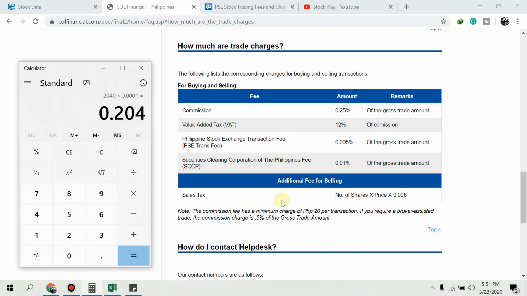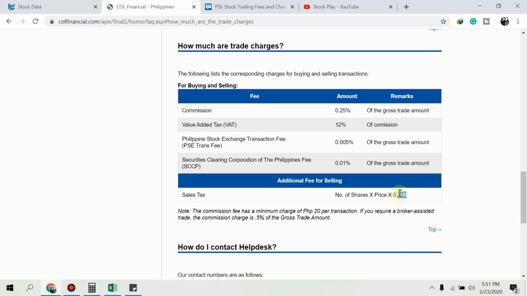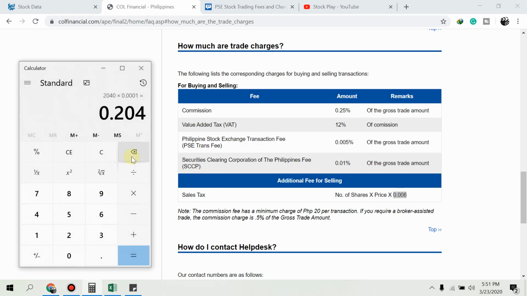Then, for sales tax, so, number of shares na bibilin natin multiplied by price per share multiplied by 0.006. So, ito guys, yung 0.006 na yan, nakadepende yan sa broker nyo. For COL, 0.006 ang kanyang value. So, let's compute.